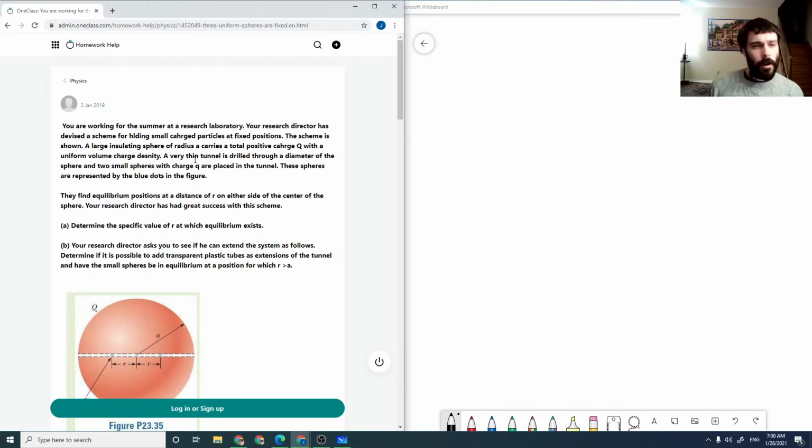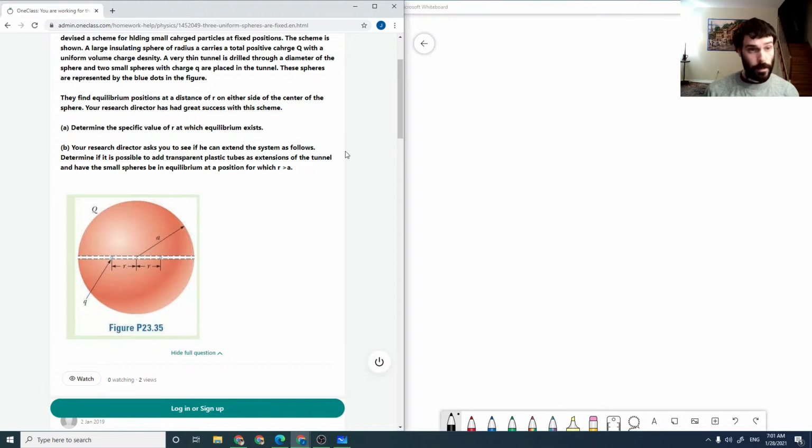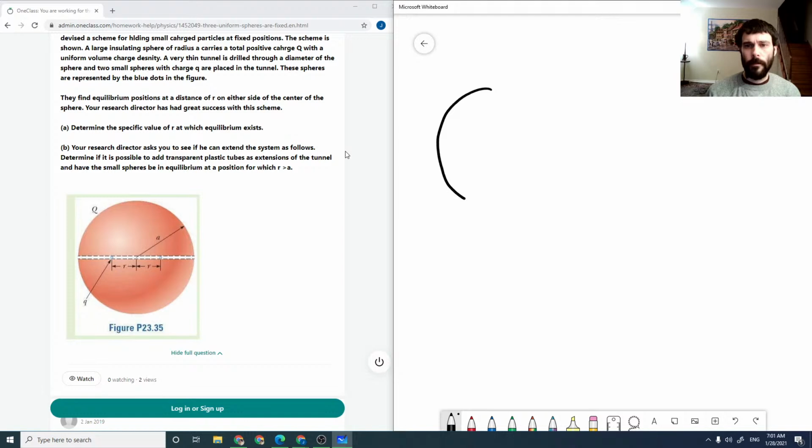Okay, so you are working for a summer. Your research director has devised a scheme for trapping particles. So we have a large sphere of radius a, with a small tunnel drilled through the middle.